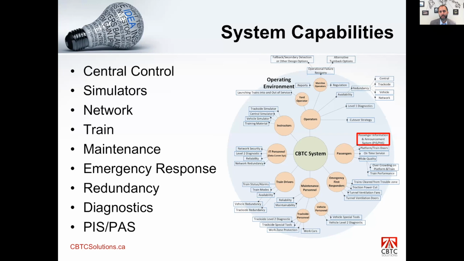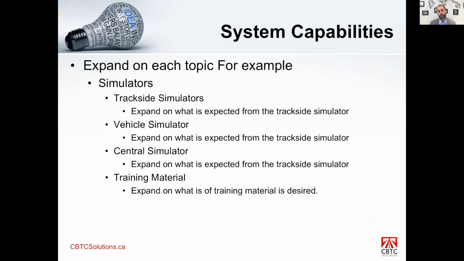So once we create all the system capabilities, we now need to define the subtopics within each one of those capabilities. Now, I'm not going to go through every single topic that I identified earlier, but I'll give one example. If we look at simulators, we have trackside, vehicle and central simulators as well as the training material. For each one of those subgroups, we would expand on it further, indicating what type of simulator we want and what it should be able to do for the instructor to be able to do their job.